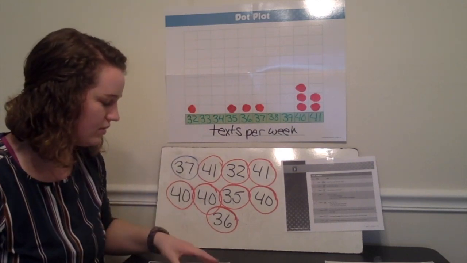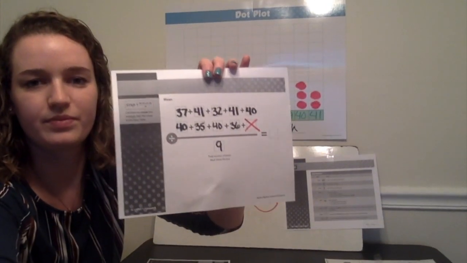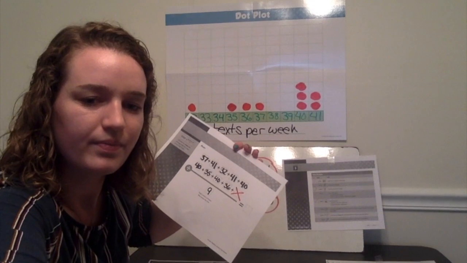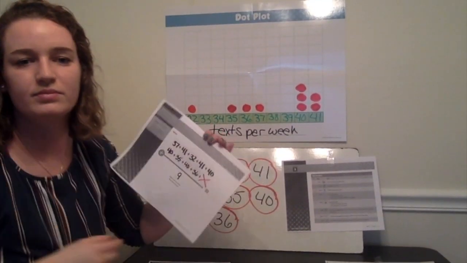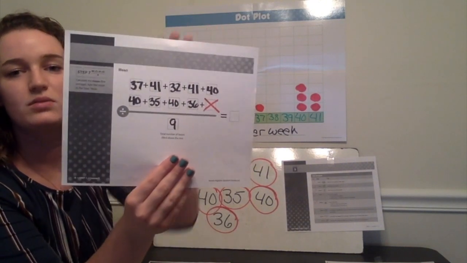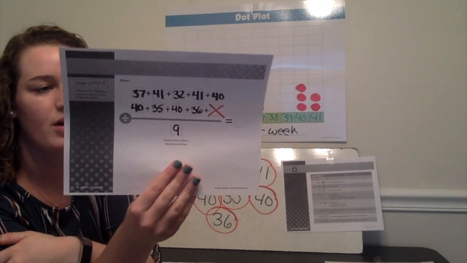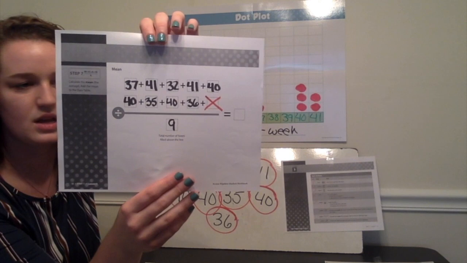So go ahead and write 9 in that bottom box right there. Should look just like that.